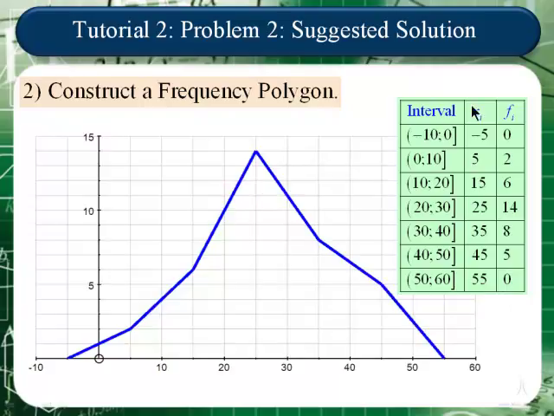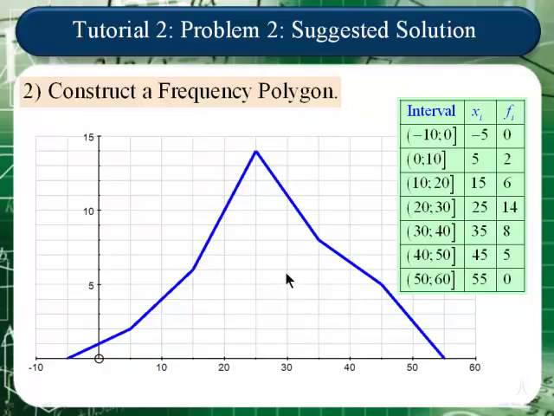Now once we have all this info, we simply plot the class mark against frequency. So we start here at -5 and the frequency is 0. The next one, the class mark is 5 and the frequency 2, and so on. And once you have plotted all these points and connected them with straight lines, this will be the frequency polygon.